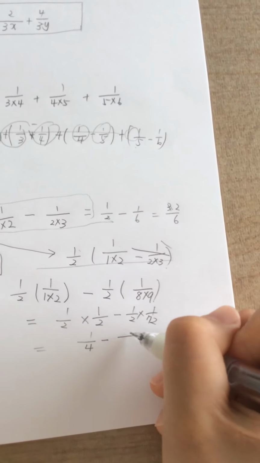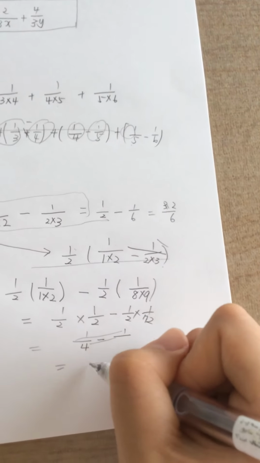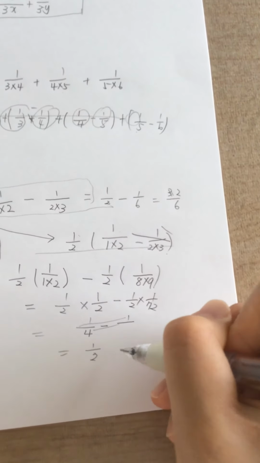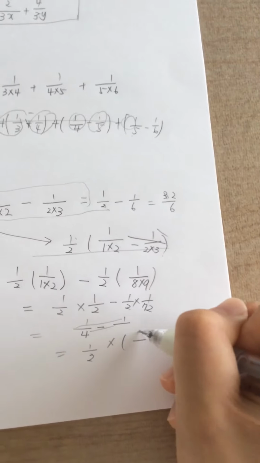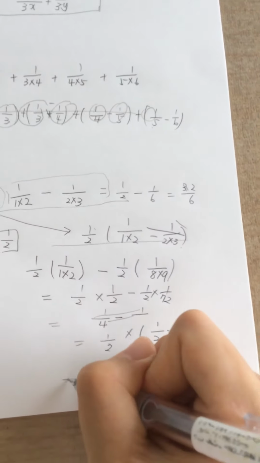We can do this a little simpler: 1 over 2 multiplied by 1 over 2 minus 1 over 72, and calculating this, we get the answer.